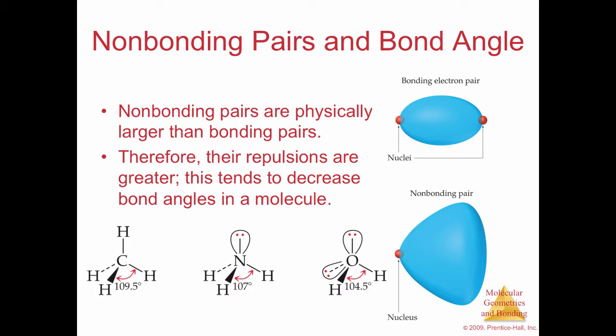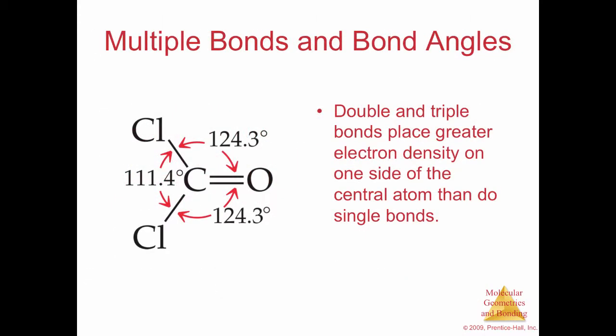A water molecule also has a tetrahedral electron domain geometry, but has a bent molecular geometry. The two lone pairs take up even more space and squeeze those hydrogens to a 104.5 degree bond angle. Multiple bonds and bond angles.